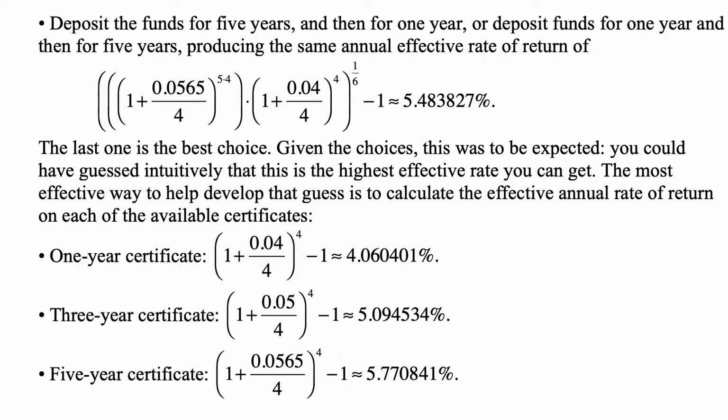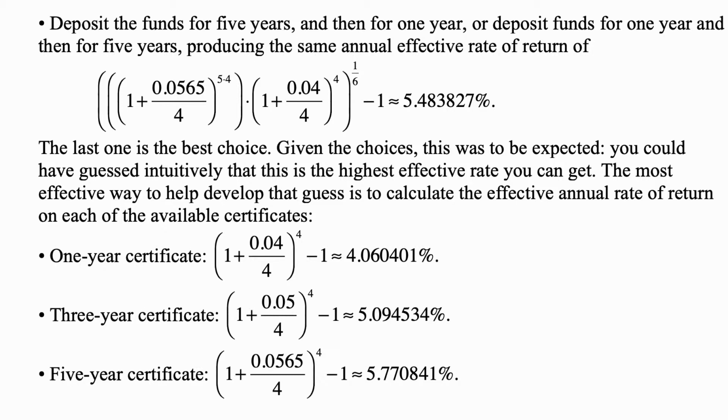Now, given the choices, this was to be expected. You could have guessed intuitively that this is the highest effective rate you can get. The most effective way to help develop that guess is to calculate the effective annual rate of return on each of the available certificates. So for the 1-year certificate, we already mentioned that that's about 4.060401%.